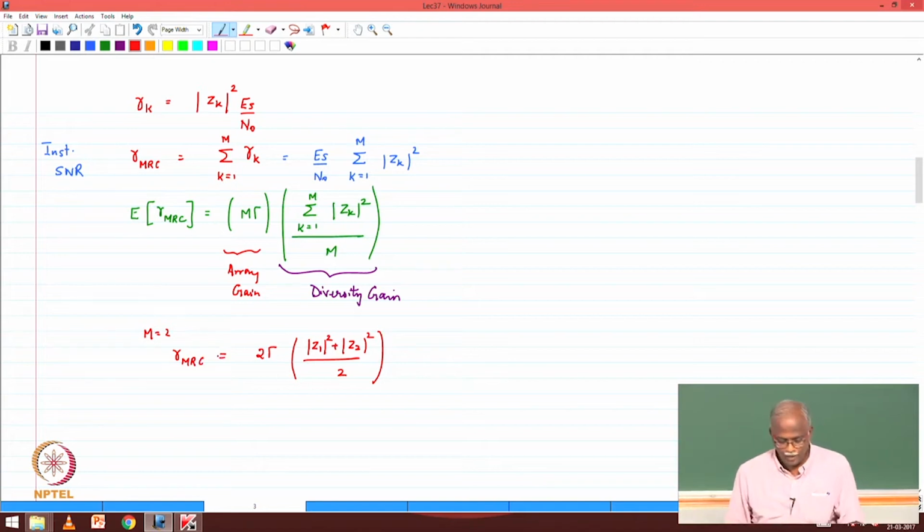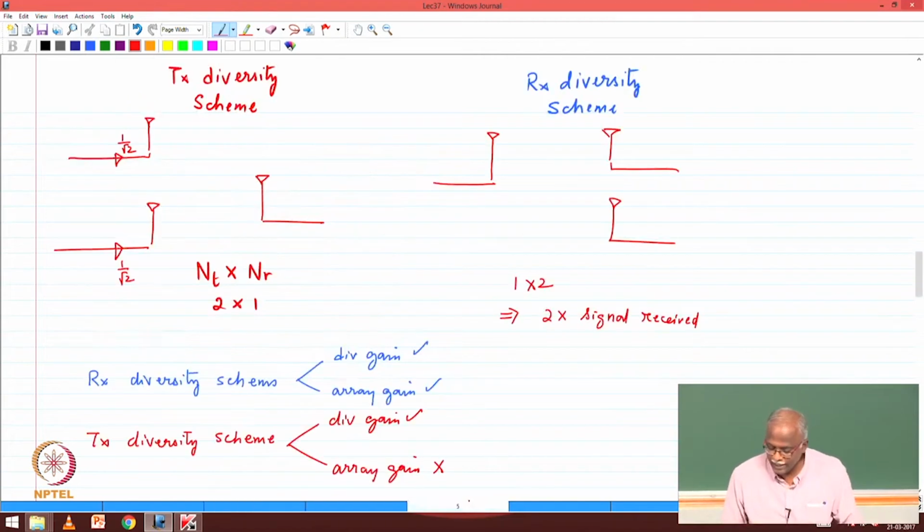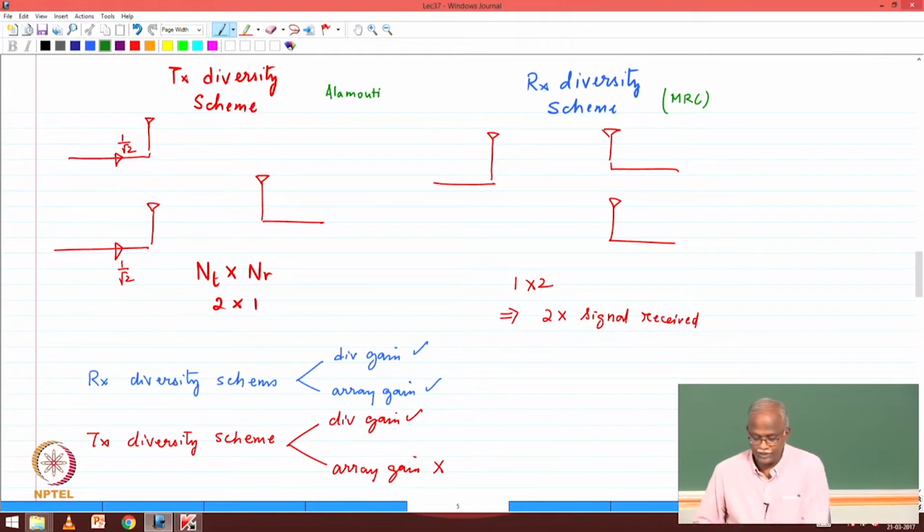Now if you go back and look at our Alamouti scheme, it was a scheme where we had 2 transmit antennas and 1 receive antenna, NT cross NR is 2 cross 1, as opposed to the MRC scheme, which would be 1 transmit, 2 receive, 2 received signals.